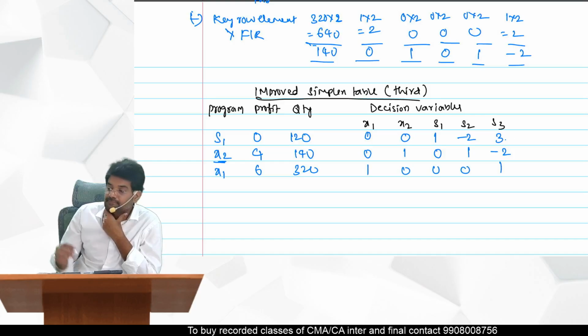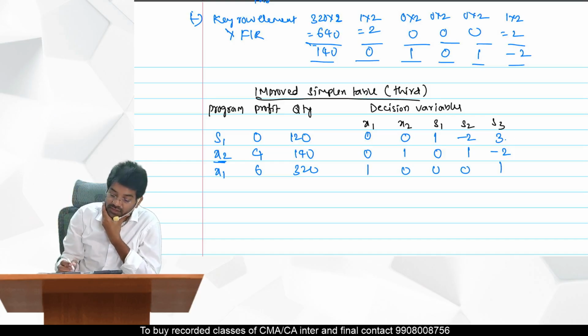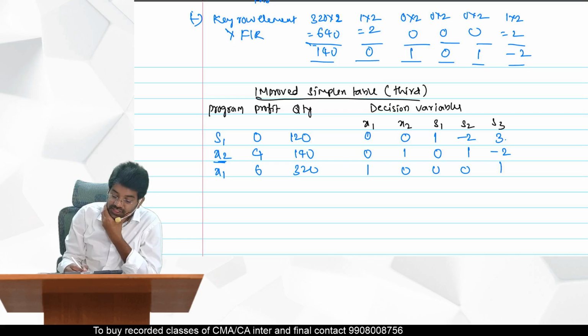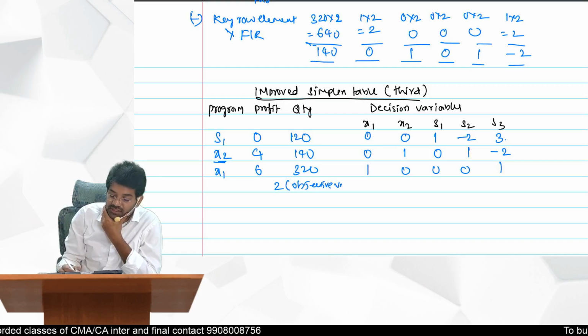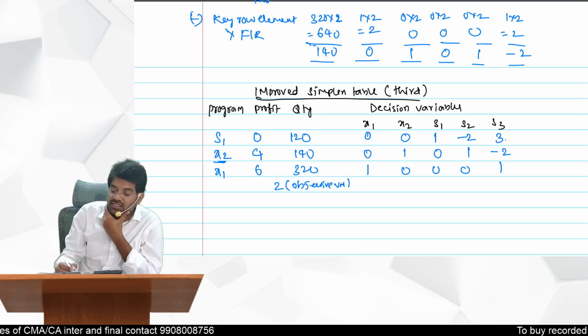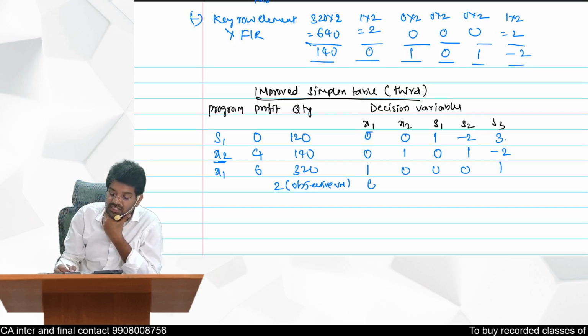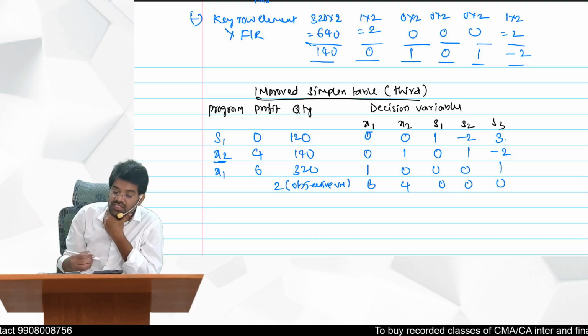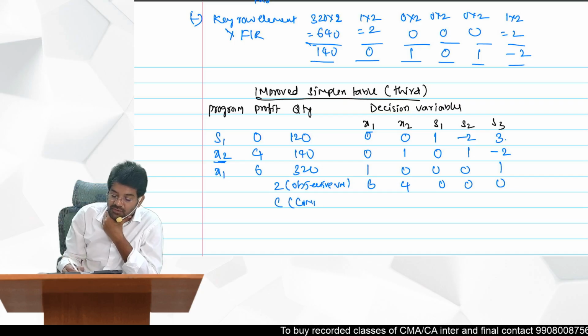Done. Now again the objective value Z. First we should take the objective values of the decision variables. This will not change; in every table it will remain the same. That is, the coefficients of these variables in the objective function: 6, 4, 0, 0, 0. The x1 coefficient is 6, the x2 coefficient is 4. Now see the computed value. How to get it?